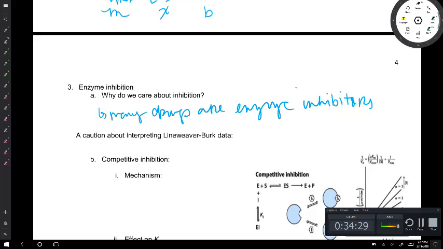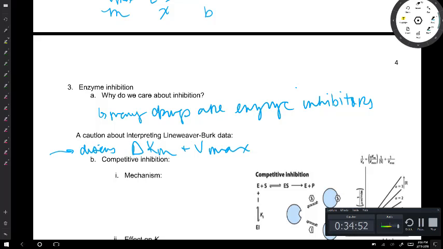No, that's not enough. You need to discuss changes in Km and Vmax. If you were to write a paper and say, this novel inhibitor of the enzyme XYZ is not competitive because the Lineweaver-Burk plot looks like this, you'd get laughed at.